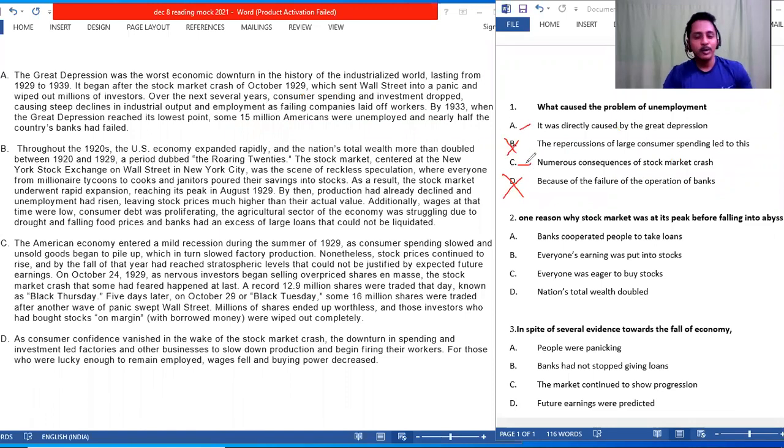A and C, if you closely look at it, C is giving a better meaning. Due to numerous consequences of the stock market crash, unemployment happened. A lot of things happen. It is not just directly caused by, so it's C. If C was not there, I would have gone with A, but C is there. And over A, I feel C is giving a better meaning. This is exactly what I'm telling you. You need to convince yourself with a lot of evidence, a lot of factors.